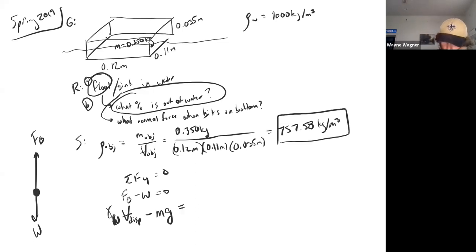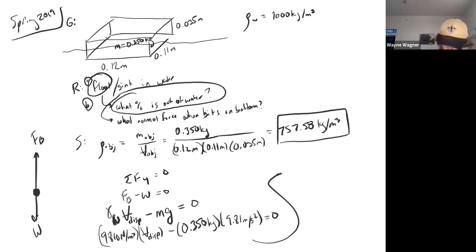So the gamma of water is 9810 newtons per meter cubed, times the volume displaced, minus the mass, 0.350 kilograms, times gravity, 9.81 meters per second squared, equals 0.